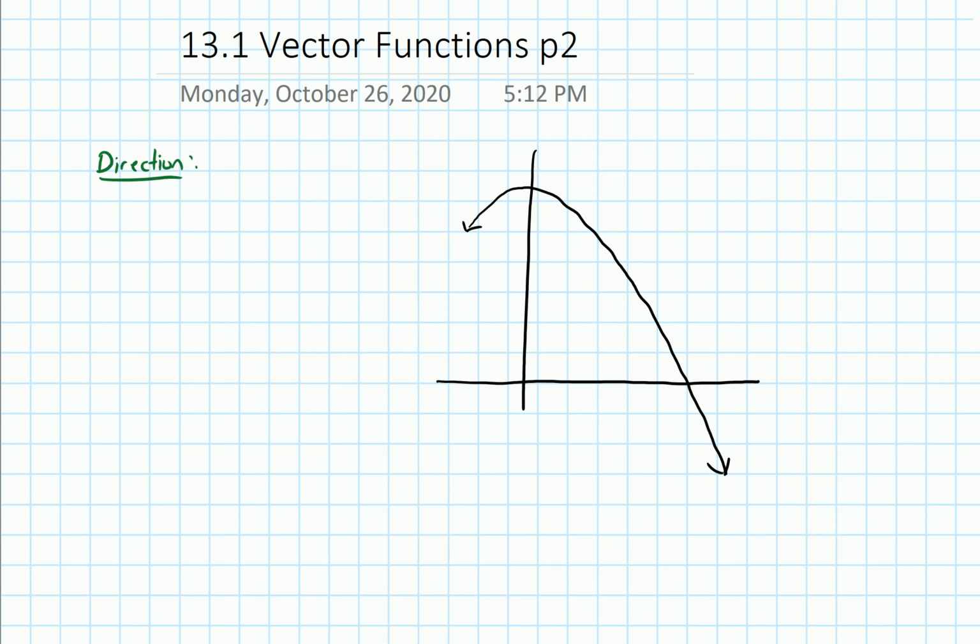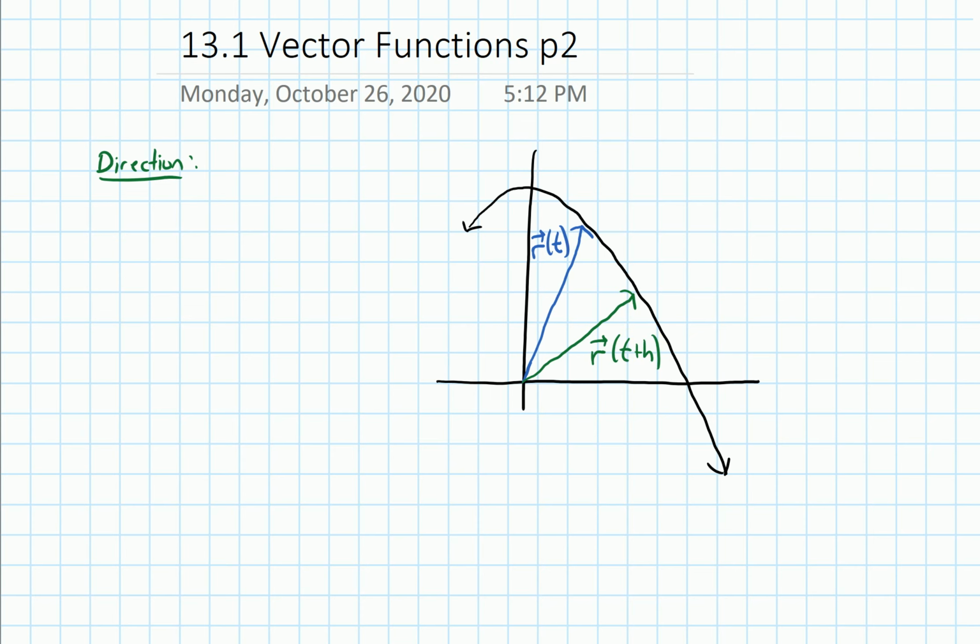In this picture, I'm going to take an arbitrary position vector along that path. I'll take a position vector like this, and I'll call this r of t. Then I'm going to take a position vector that's a little bit further along the path, and this one's going to be r of t plus h.